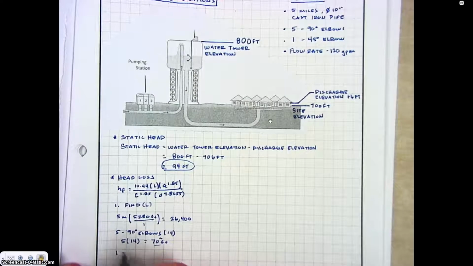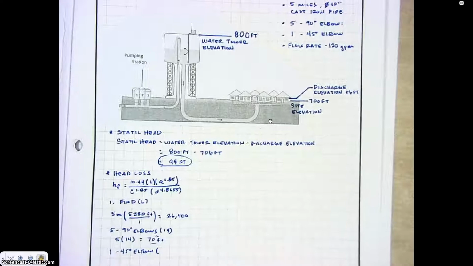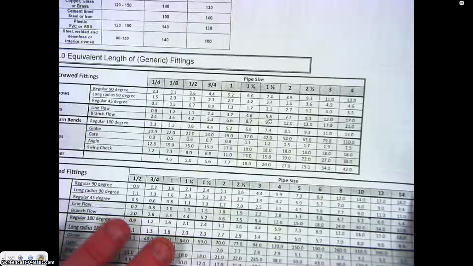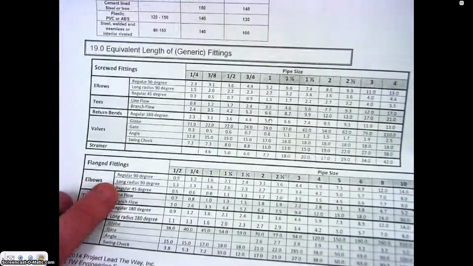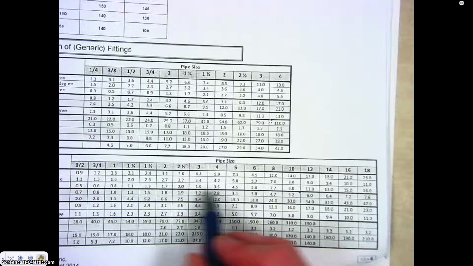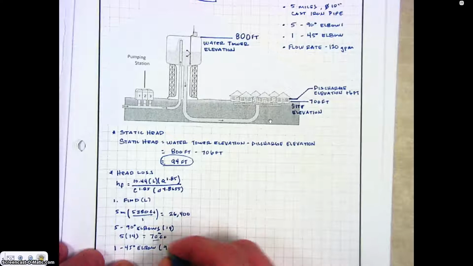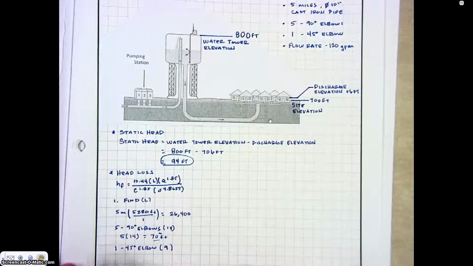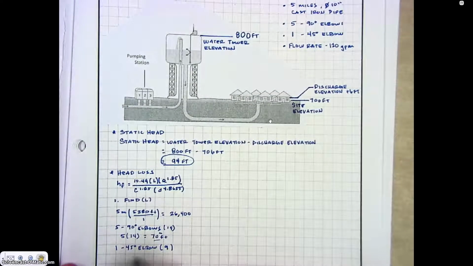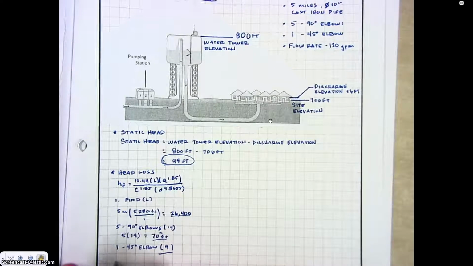We also have one 45-degree elbow, and if we look at our equivalent length sheet, I'm looking at the regular 45-degree right here. Bring it over to 10-inch, and it accounts for 9 feet of pipe. And so we'll add all of those up to find L. This number, and this number.